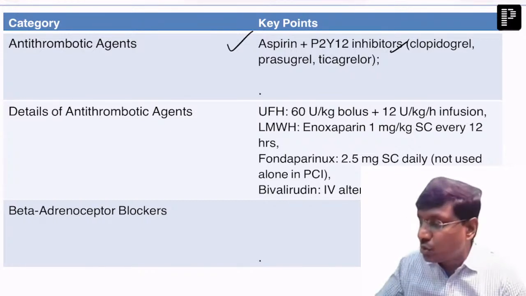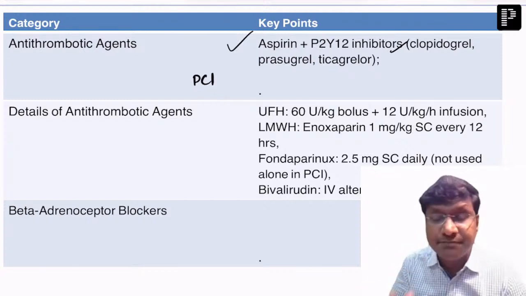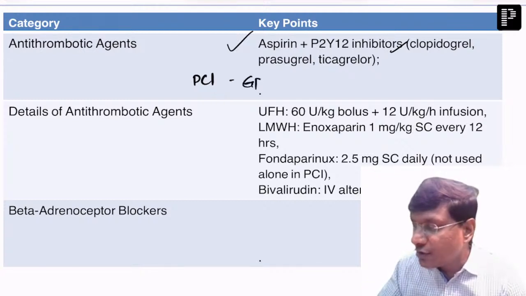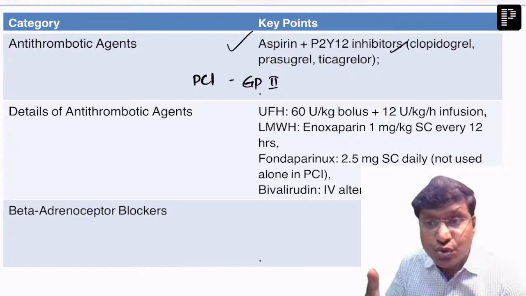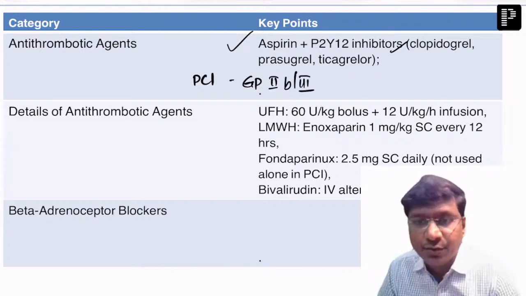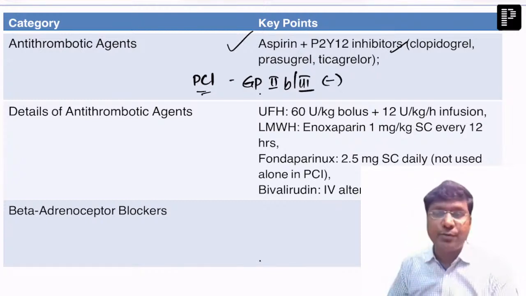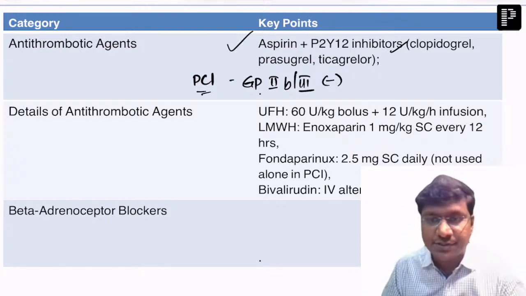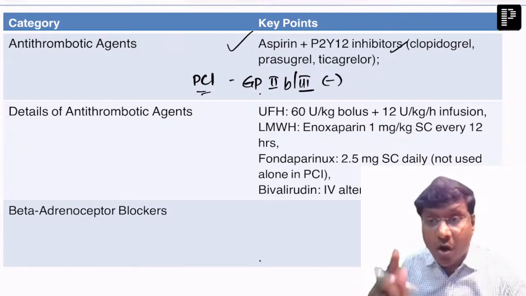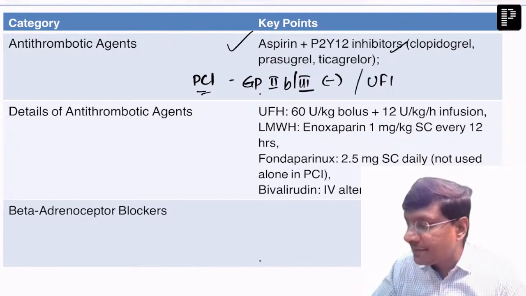And in those individuals who have undergone PCI, they may require a glycoprotein 2B3A receptor antagonist, right? The other drug that you should give is unfractionated heparin or low molecular weight heparin.